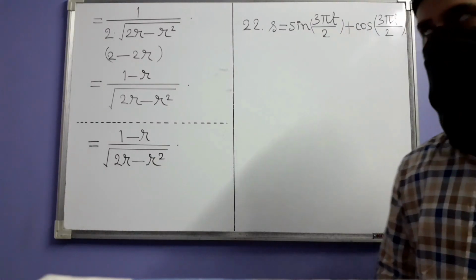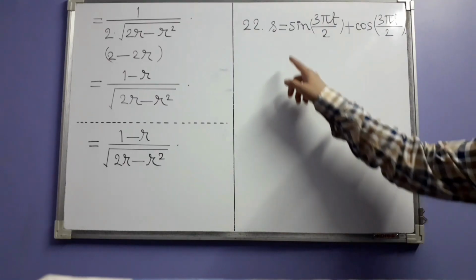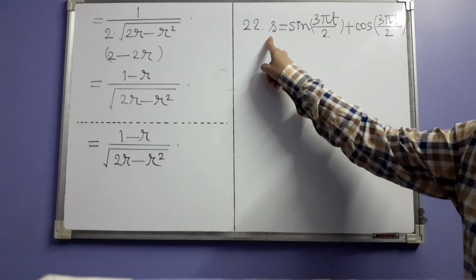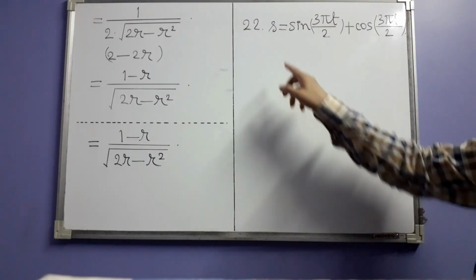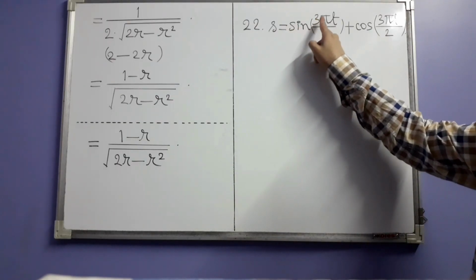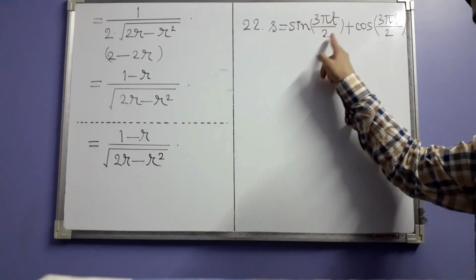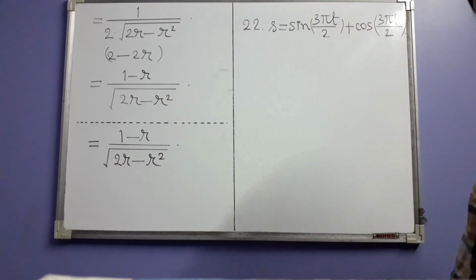Next, let us consider this 22nd one. Here, the dependent variable is s and the independent variable is t. s equals sine of 3 pi t divided by 2 plus cosine of 3 pi t divided by 2.